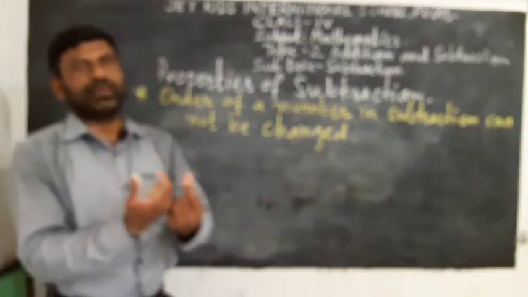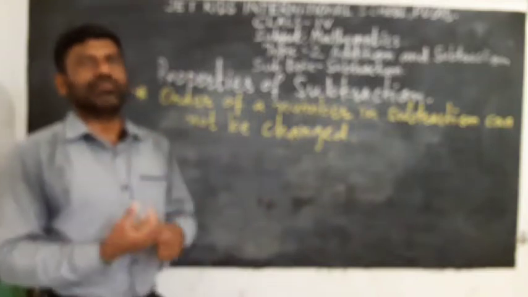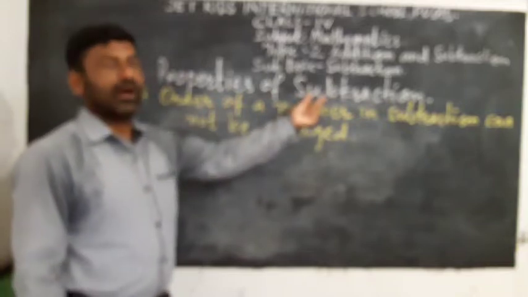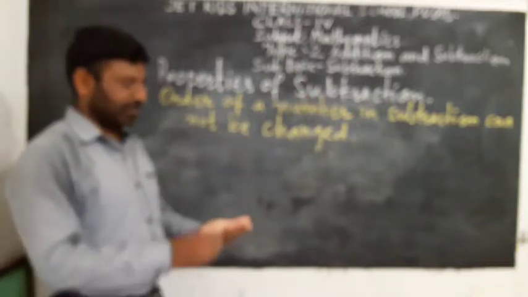In addition, we saw the order property of addition. In that, if you change the order of the numbers, the sum remains the same. But in subtraction, the order of the numbers cannot be changed.